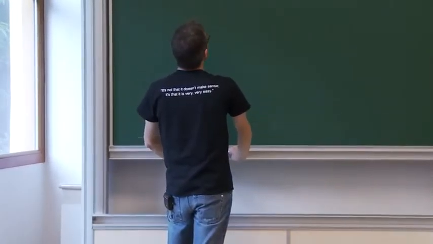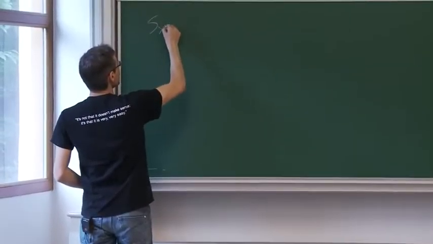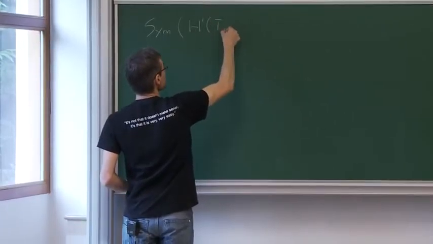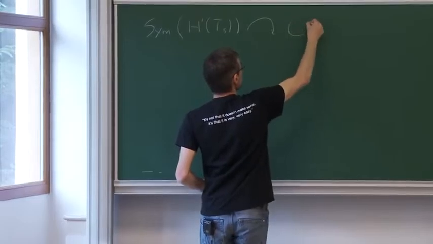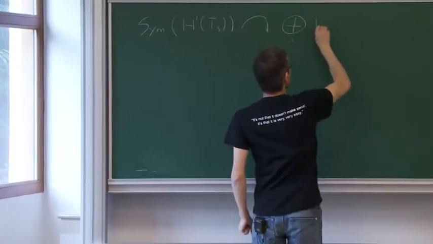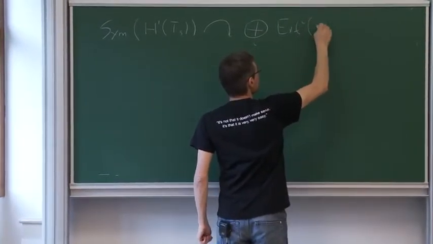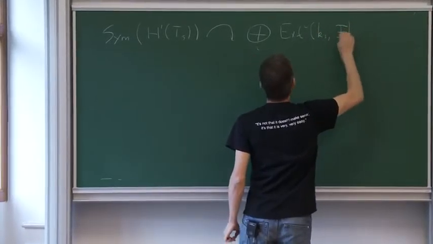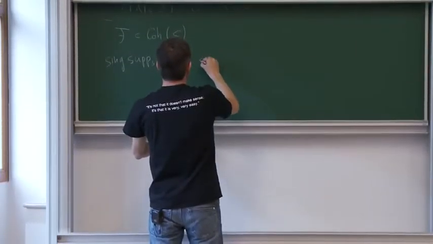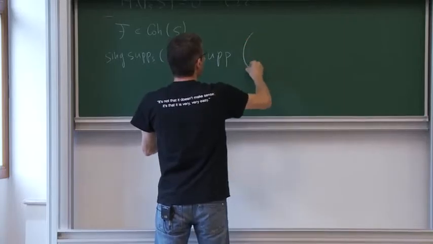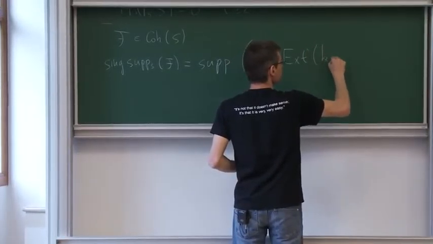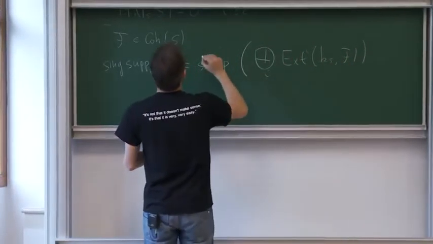We said that in our circumstances, the commutative algebra Sym of the first cohomology of our tangent fiber, viewed as a graded algebra where the generator sits in degree 2, acts on this graded vector space, and this is just the support of this graded module over this graded algebra.